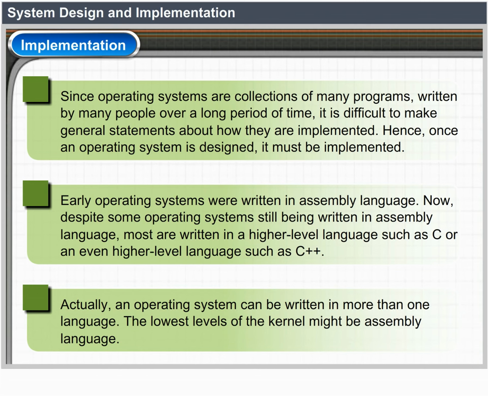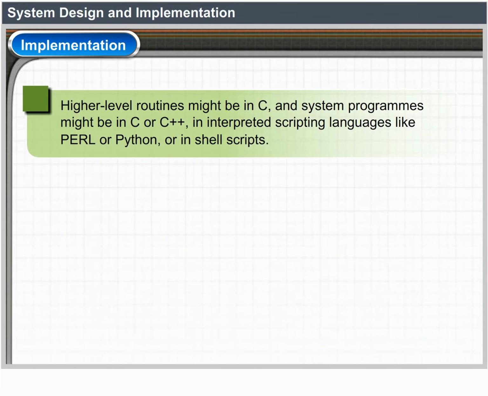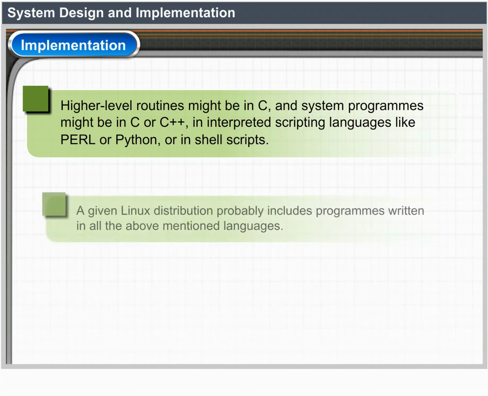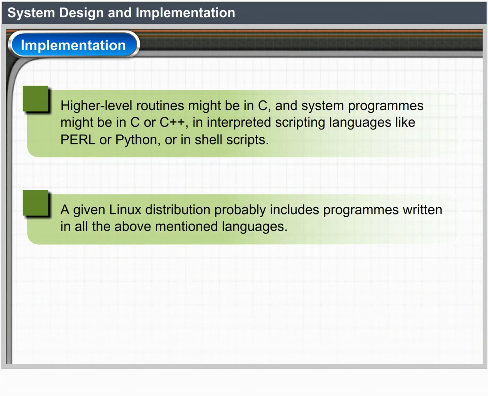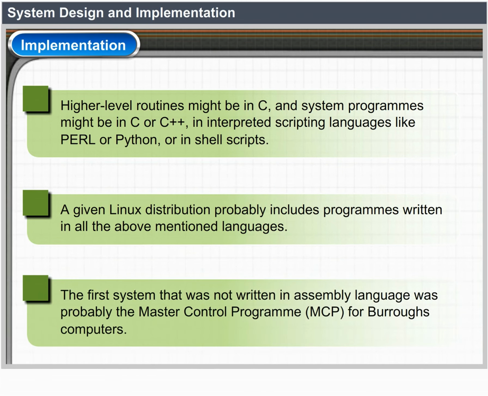Higher level routines might be in C, and system programs might be in C or C++, in interpreted scripting languages like Perl or Python, or in shell scripts. In fact, a given Linux distribution probably includes programs written in all of these languages. The first system that was not written in assembly language was probably the Master Control Program (MCP) for Burroughs computers.